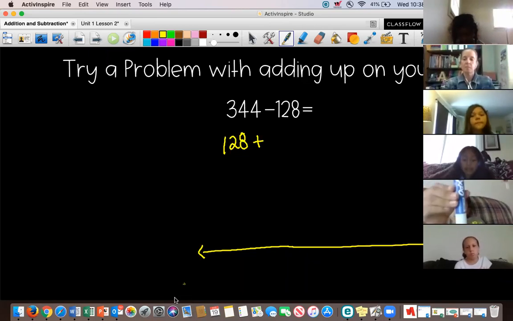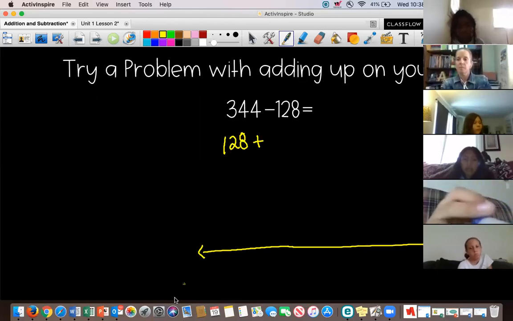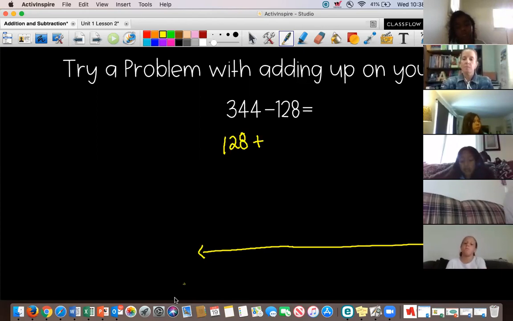Okay, so I was counting and I was wondering what makes 344. And then if I added 2 to 8, it becomes 10. And if I added 2, it would become 30.